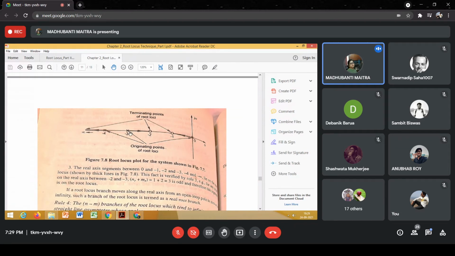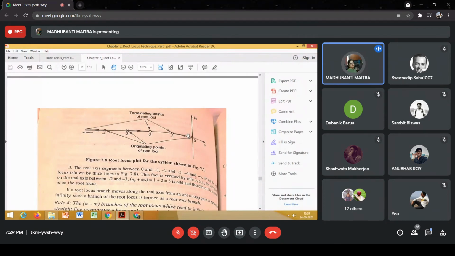From this real open loop pole, it is 0 degree. And for this open loop pole, the angle of departure is 180 degree. For this open loop zero, the angle of arrival is 0 degree, and for this open loop zero, the angle of arrival is 180 degree.